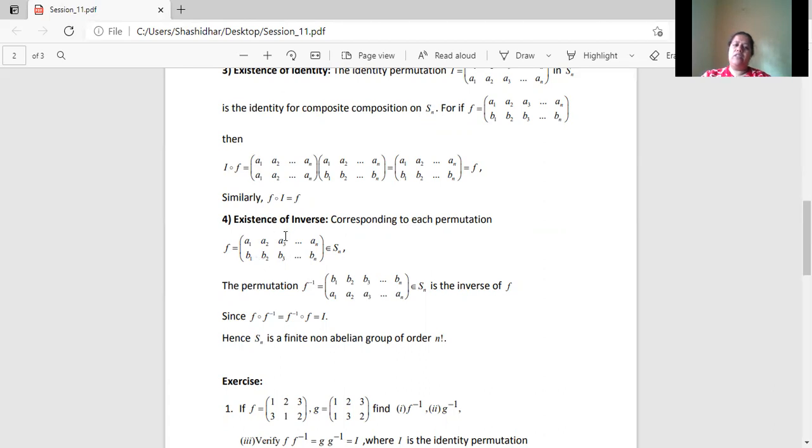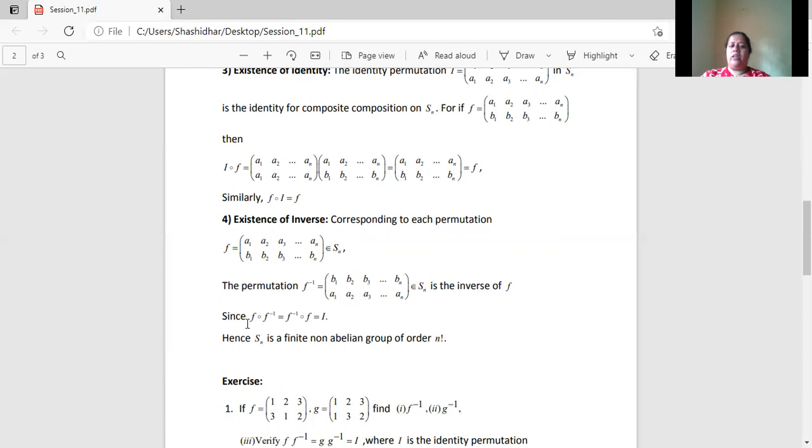When you interchange the rows of this F, we get F inverse is equal to B1, B2, B3 up to Bn with the images A1, A2, A3 up to An. It also belongs to Sn, and that becomes the inverse of F. Therefore, the inverse for each permutation exists in Sn.